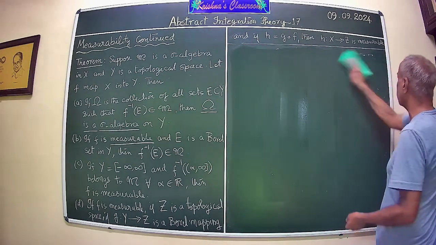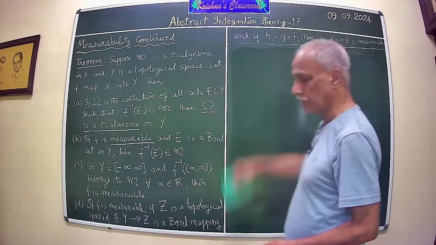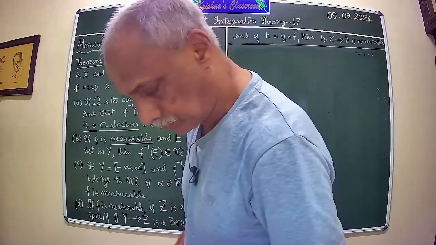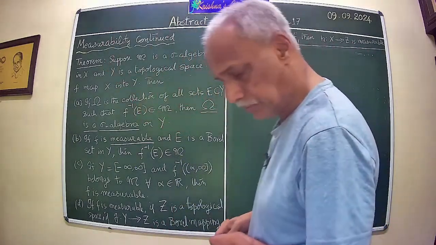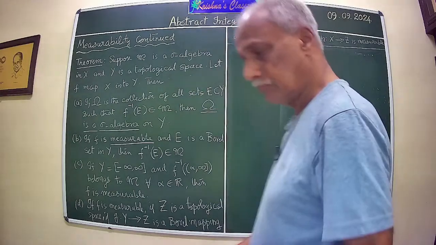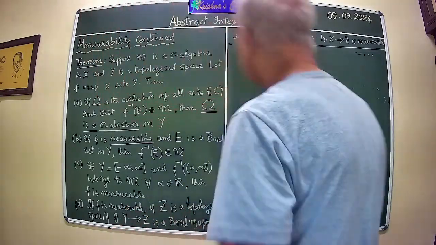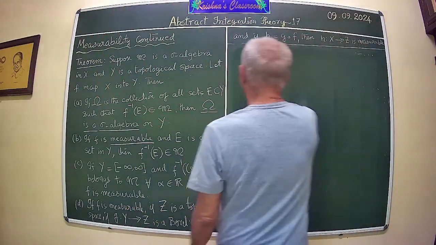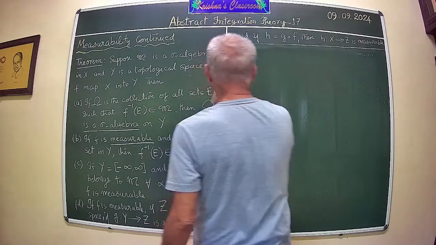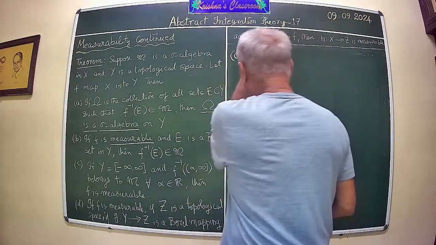R star is nothing but the extended real line. So what is the statement? We have it.